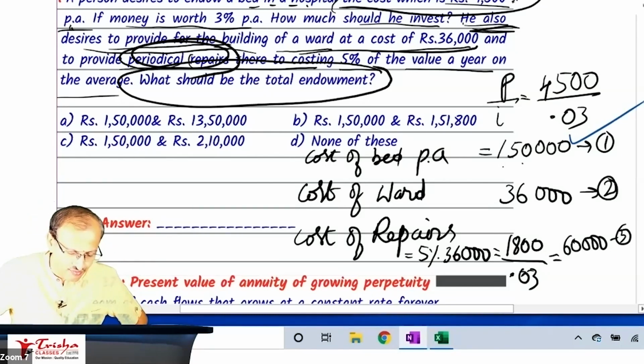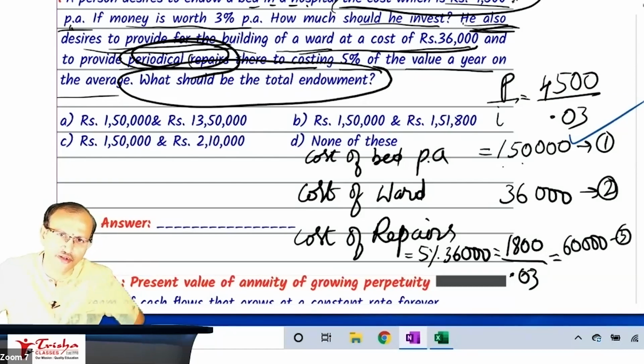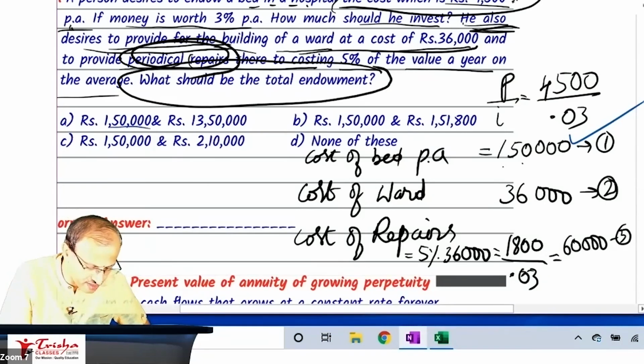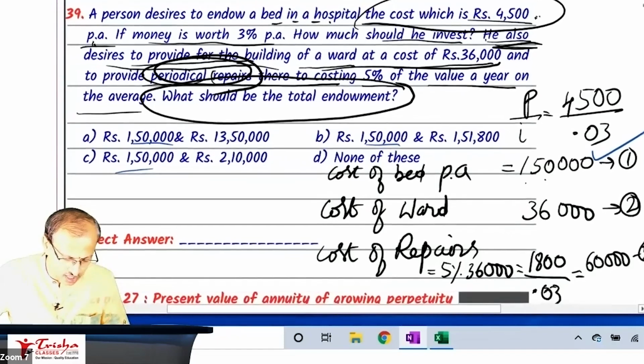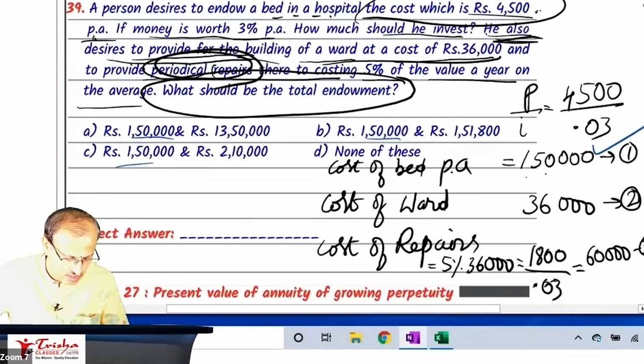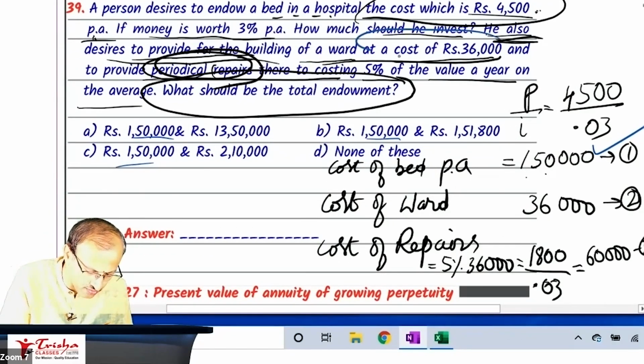Yes. Unfortunately, if that was the case, you would have been very happy, but they have continued. The 1,50,000 is there everywhere. That is another problem. I have to go a further step. Further, he would like to provide the cost of the ward.